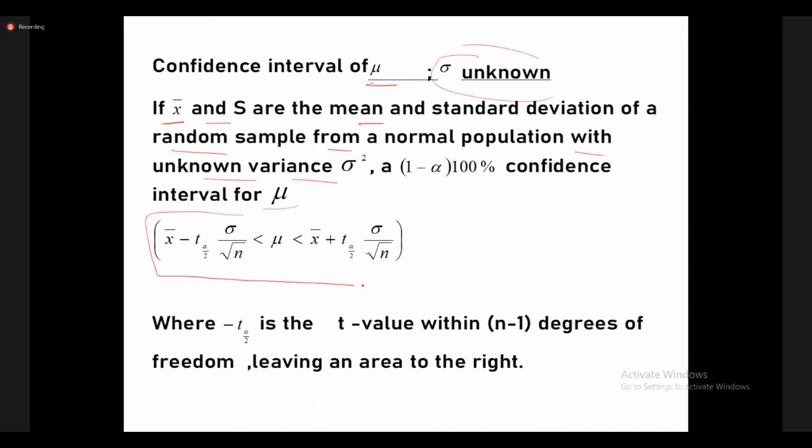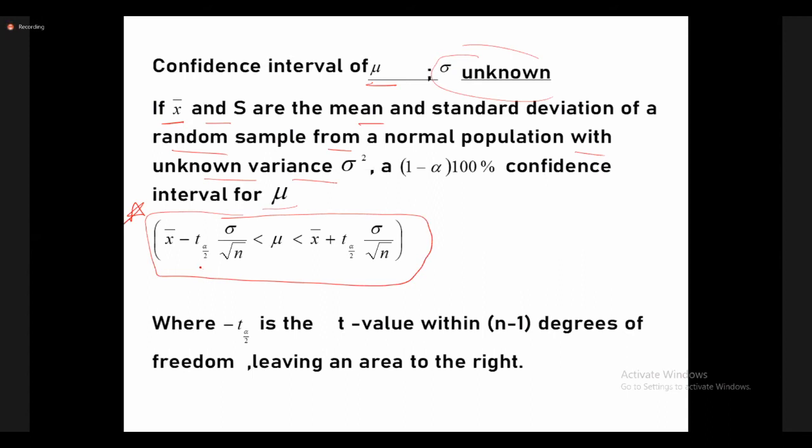So this is the confidence interval formula for small samples. This formula also you have to remember.